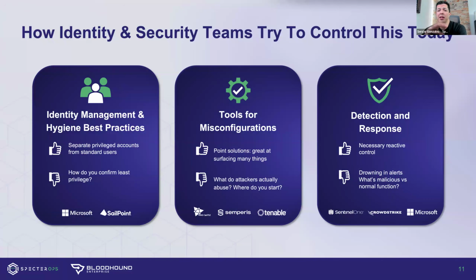So, how are identity and security teams trying to control this today? A lot of teams are looking at implementing identity management or a tiering system, hygiene best practices, and those are recommended by everyone. But a lot of times, you know, these things are really hard to implement.